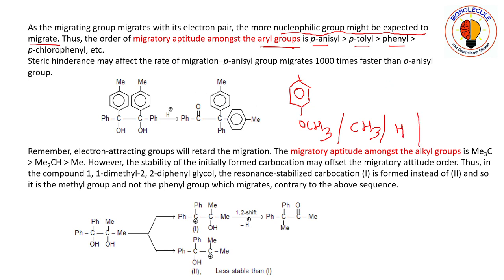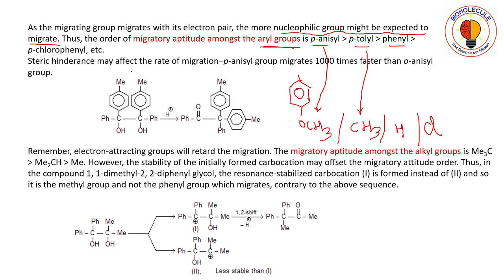And para-chlorophenyl means in the 4 position only chlorine will be present. So this is the trend: para-anisyl, para-tolyl, phenyl and para-chlorophenyl.